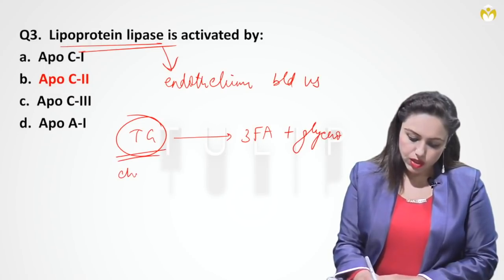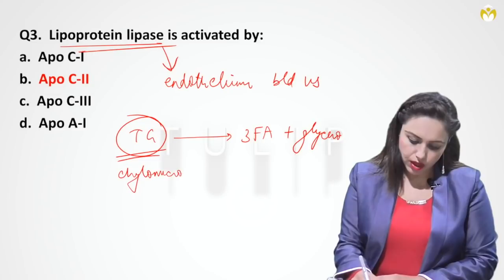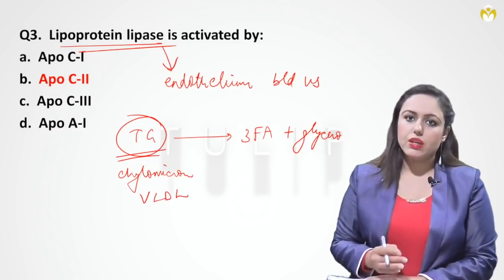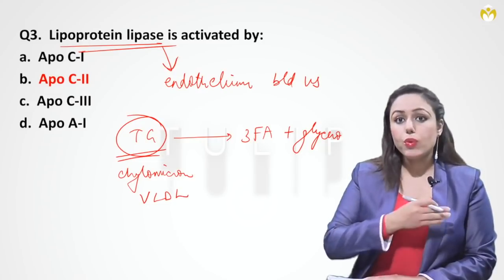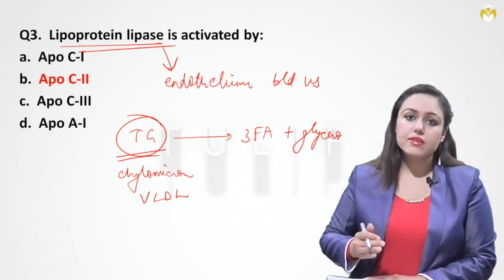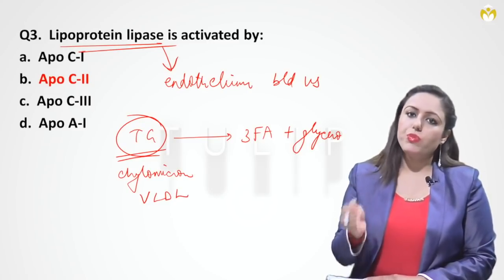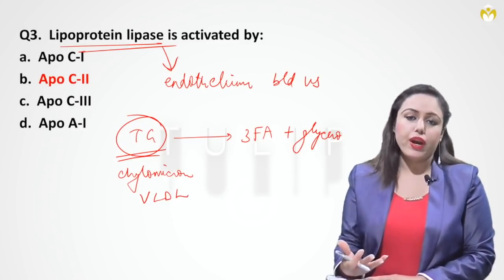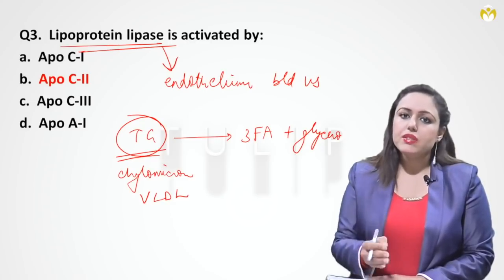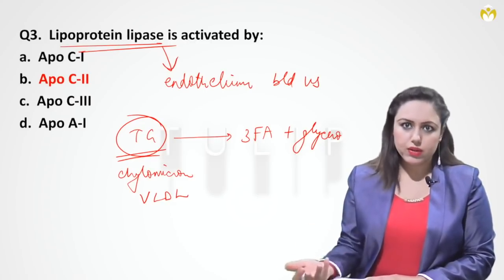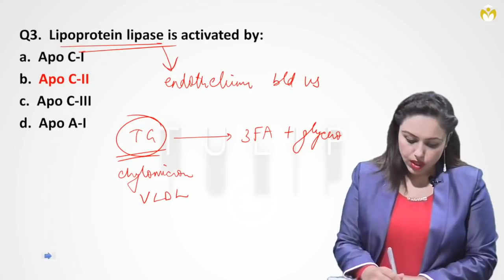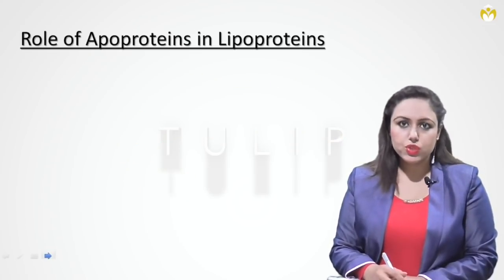This triglyceride is present in chylomicron and VLDL. As chylomicrons and VLDL are lipoproteins which are moving in circulation as forms of lipid transport, this enzyme which will break the triglyceride of chylomicron and VLDL is also present in blood, right? Now, the activator of this enzyme is ApoC2.